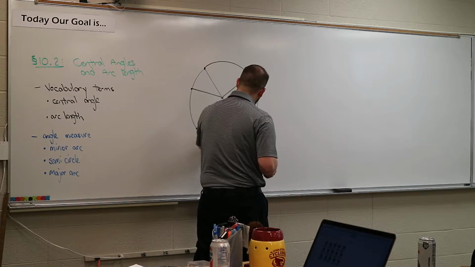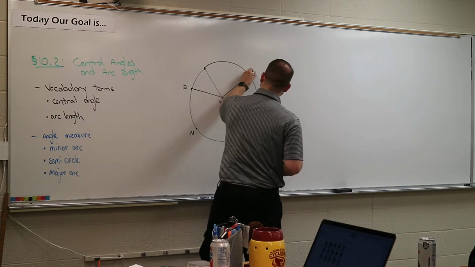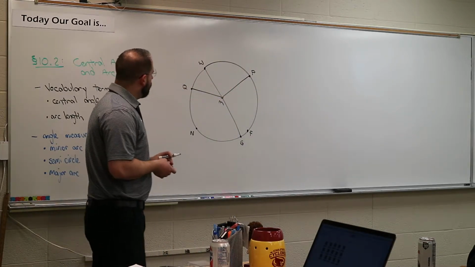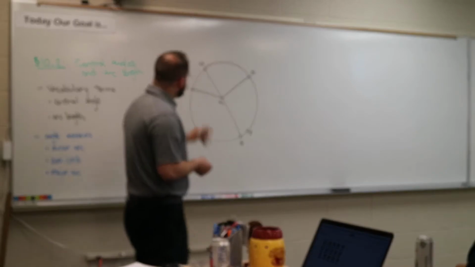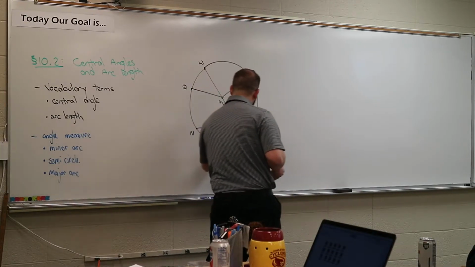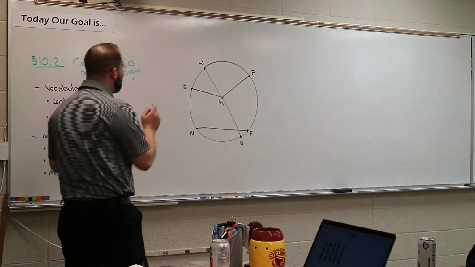Let's go G, F. Let's go N, Q, P, and W. So we got some different letters here. W to G is going straight across. All right, and let's go this one. What I want here is the name of this circle.